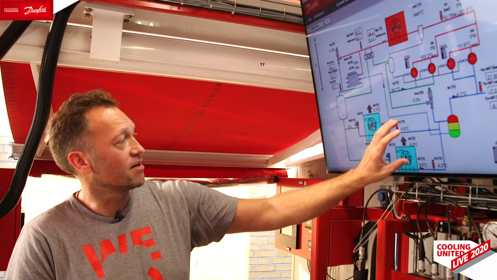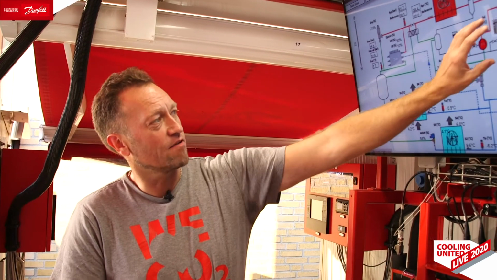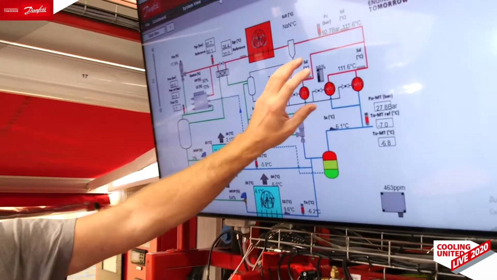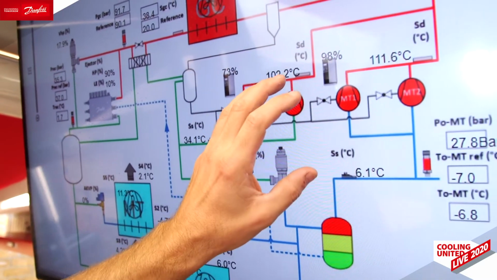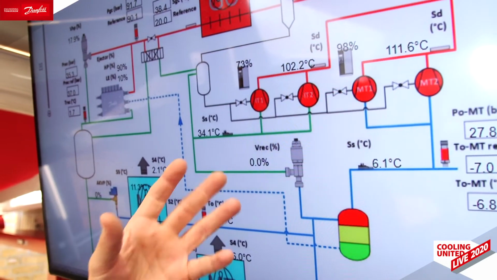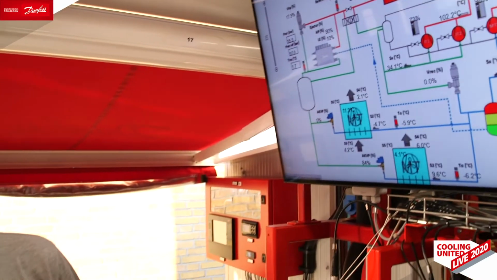Also, the extra efficiency of the system means that you have less need for compressor capacity, and that means that you can have smaller and you can have fewer compressors. So there's also a first cost gain on that side, helping to have a low return on investment.